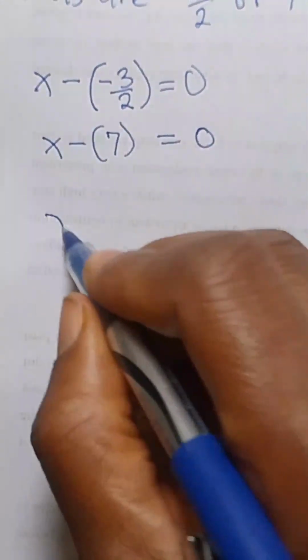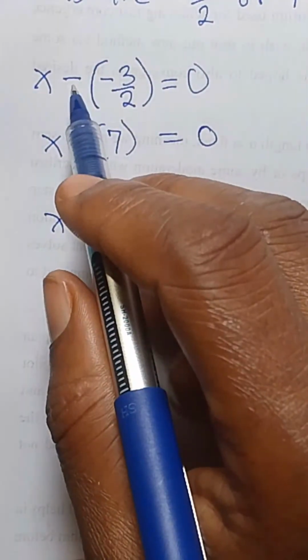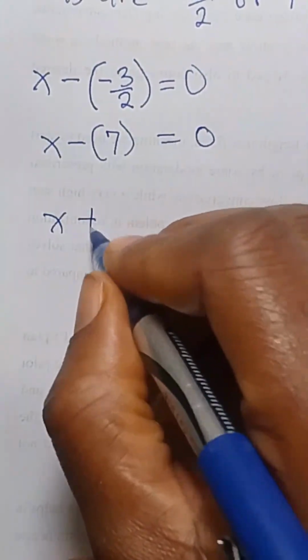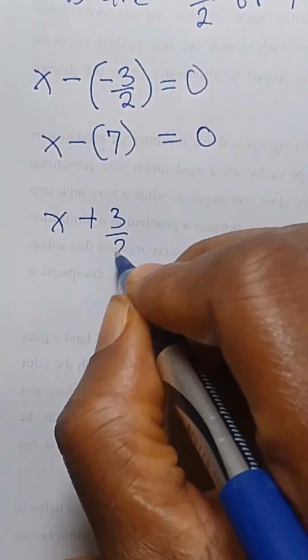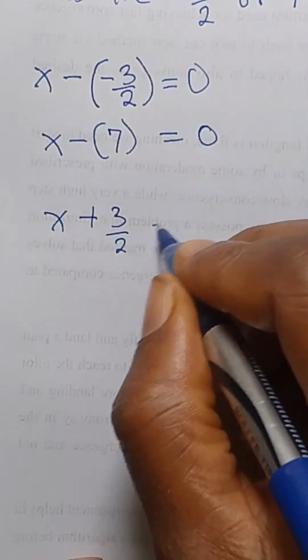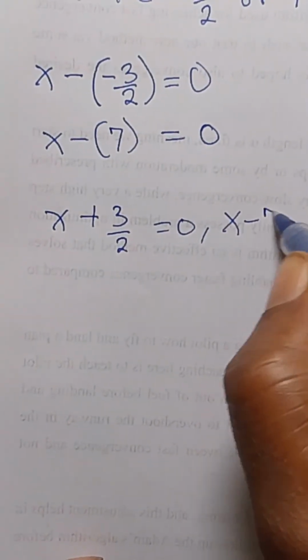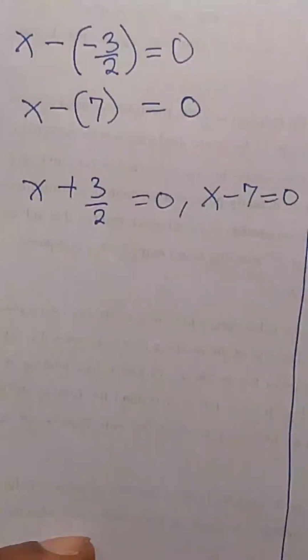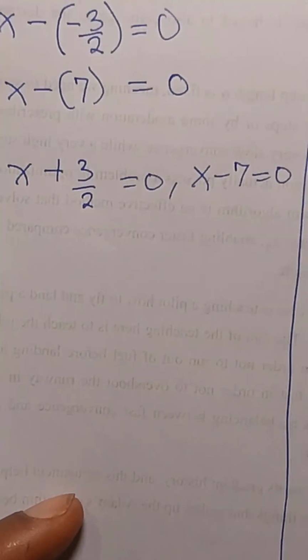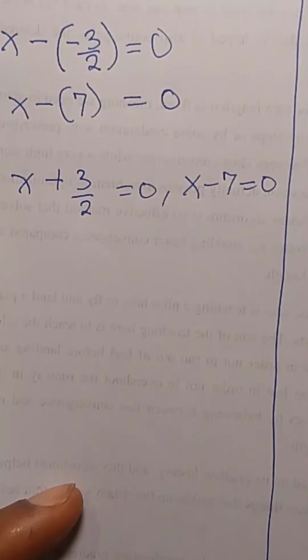Now we have x minus minus, which will give us plus 3 over 2, equal to 0. And x minus 7 will just be x minus 7 equal to 0. The next thing we are going to do is, let me bring it down so you see what you are doing.